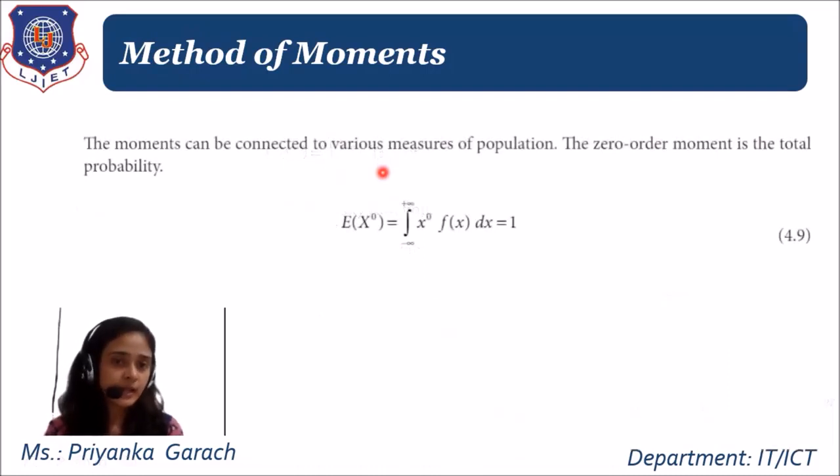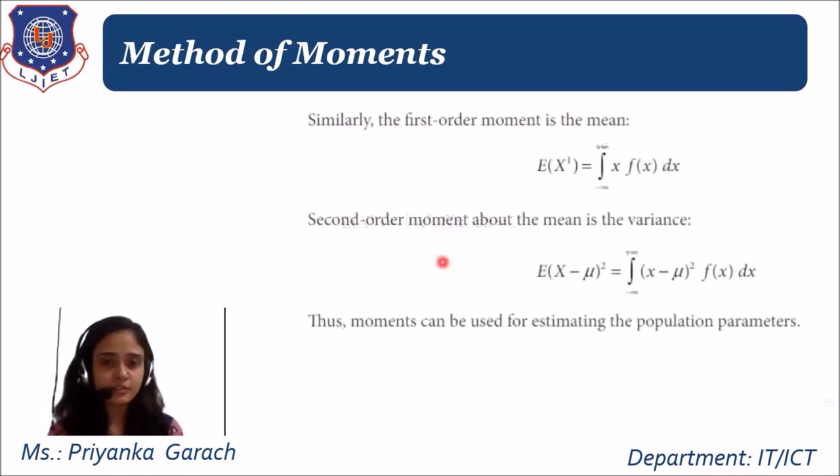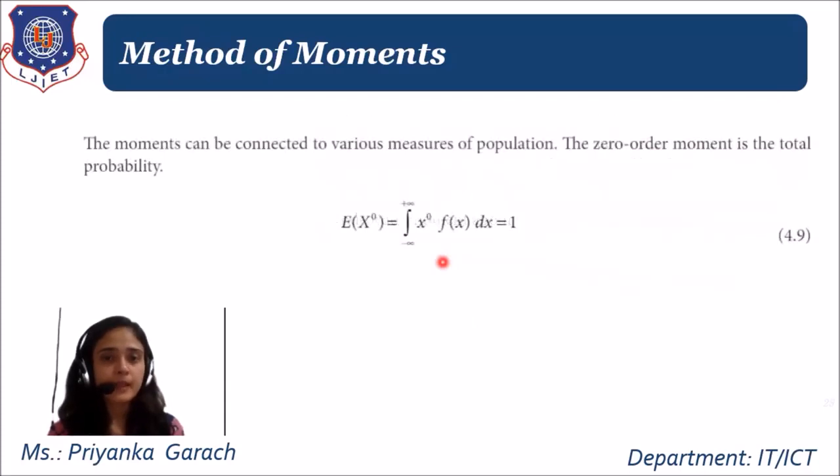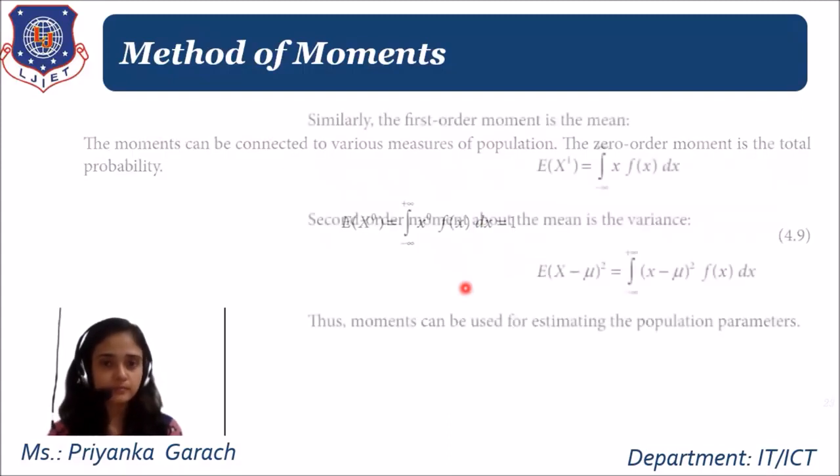Now the moments can be connected to the various measures of a population. The zero order moment is given like this: instead of n, just put 0, so you will get the formula x raised to 0 into f of x dx, and the total probability will be equal to 1.